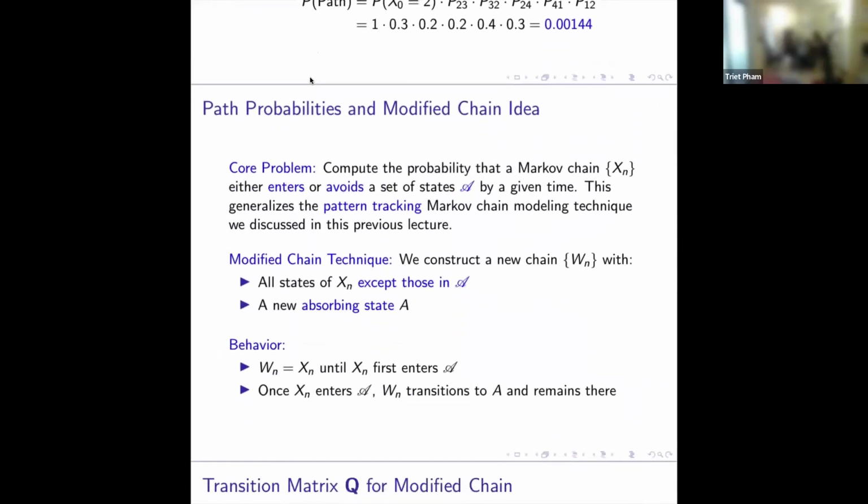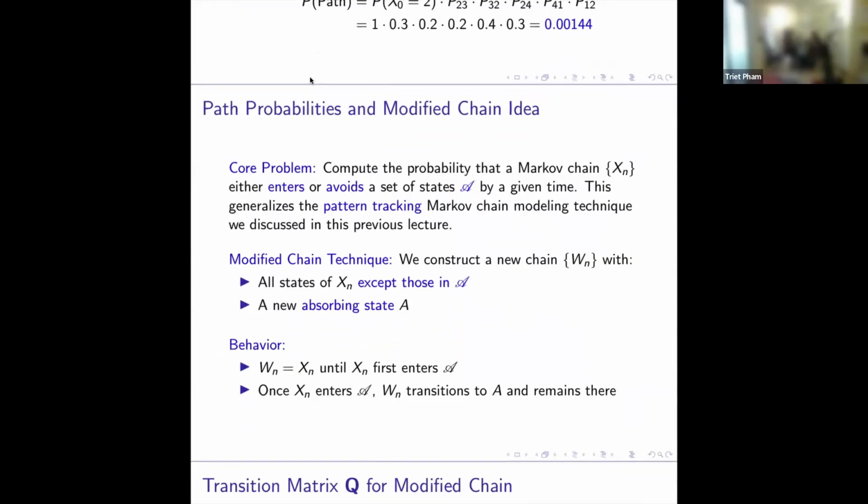Now the main technique we want to look at for this lecture is about avoiding or entering a specific set of states by a certain time.